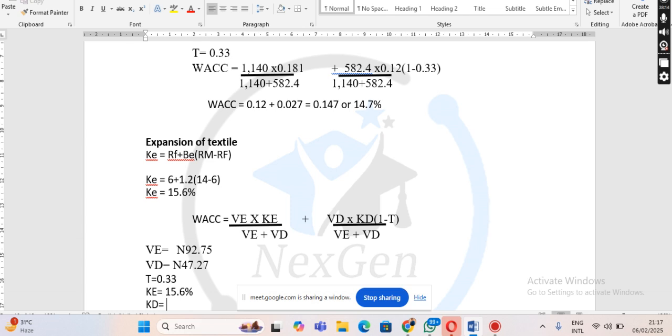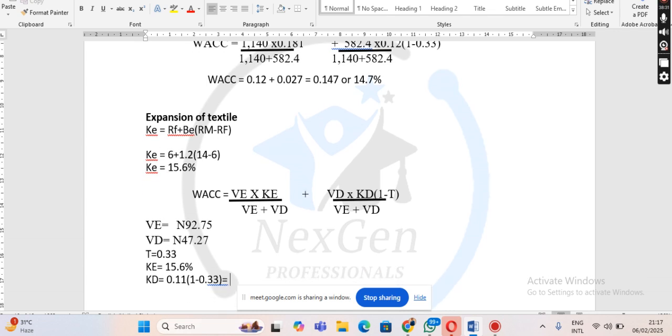So you need to take the tax into consideration. So you have 0.11 open bracket 1 minus 0.33, right? So class, what is your cost of debt here? You can give me the figure.